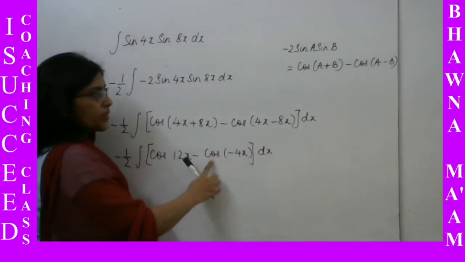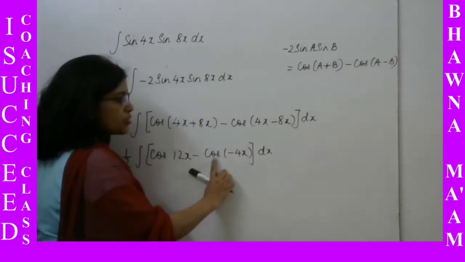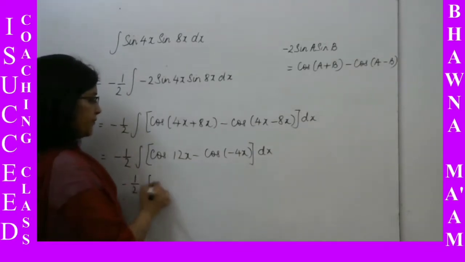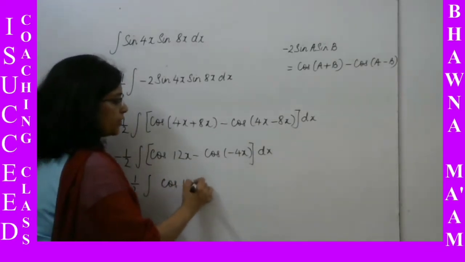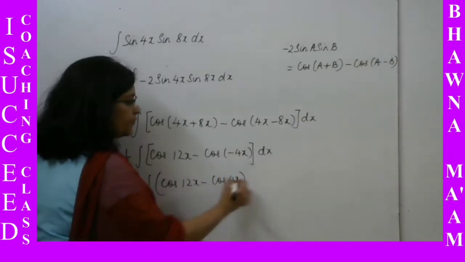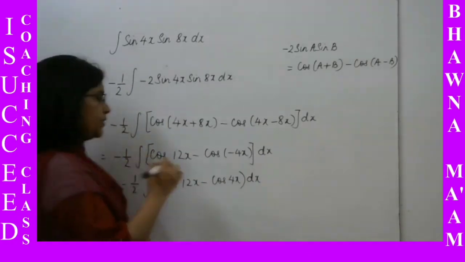Which gives cos 12x minus cos of minus 4x. Now cos is an even function, so cos of minus 4x is equal to cos 4x. Let's write cos 4x for that, and integrate this function individually.